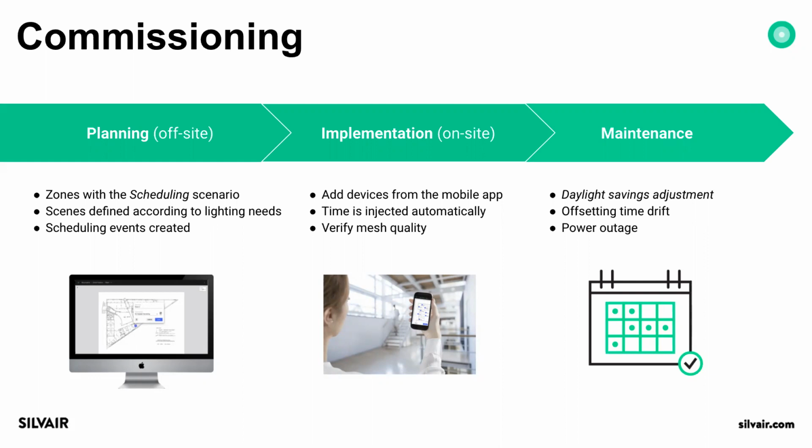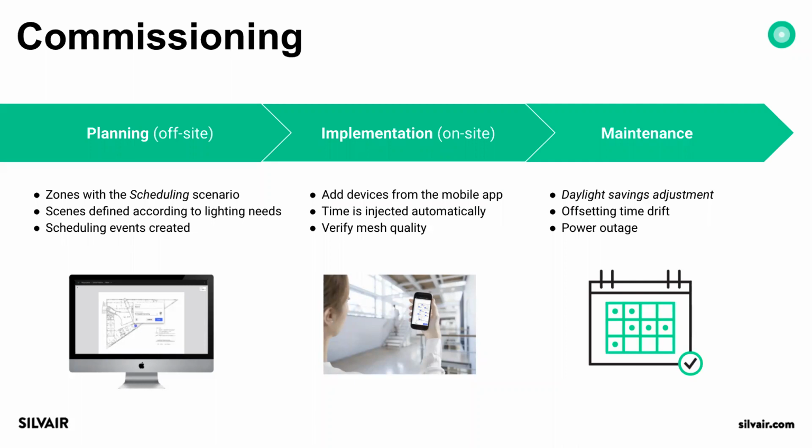What would also happen during the commissioning phase? On-site, the time would be injected and synchronized with the mesh network. We also encourage you to verify the mesh network quality using the mesh quality test feature available in the mobile app.